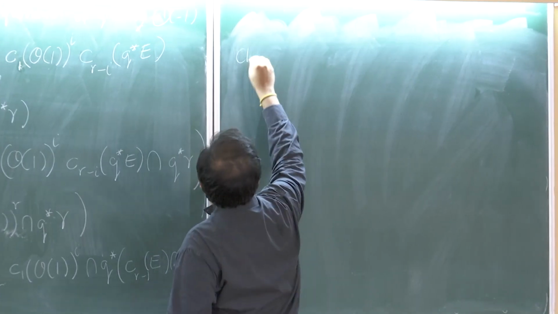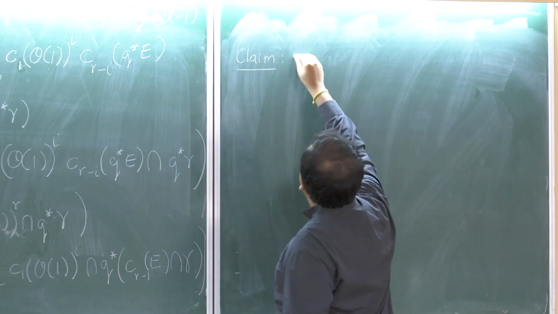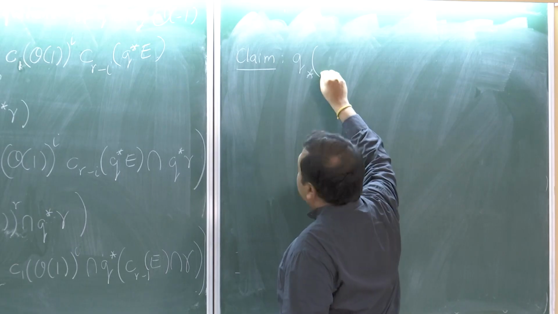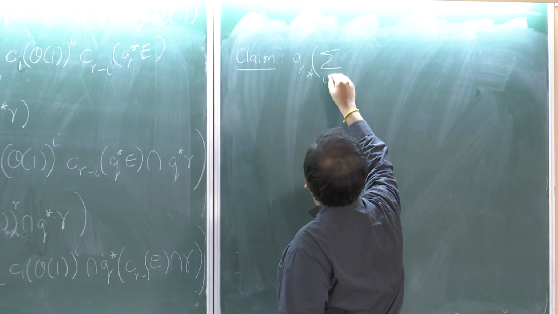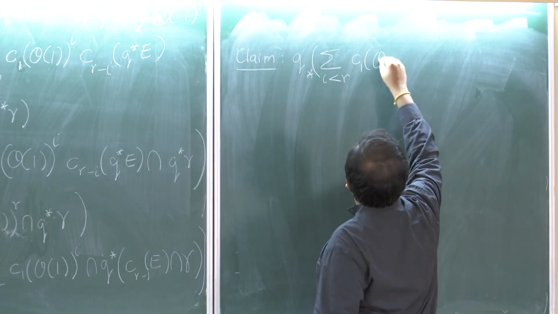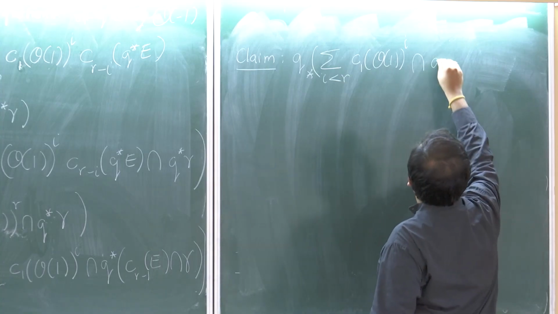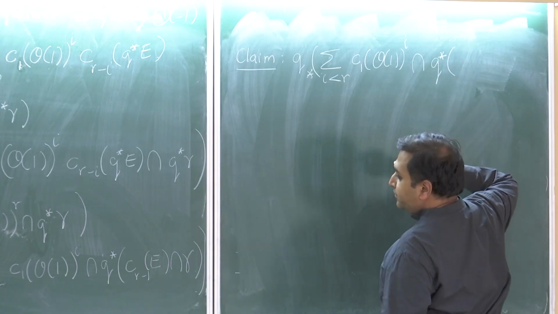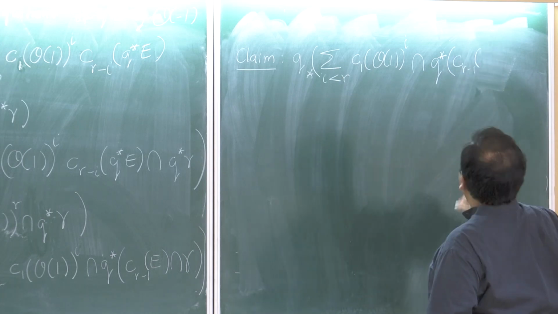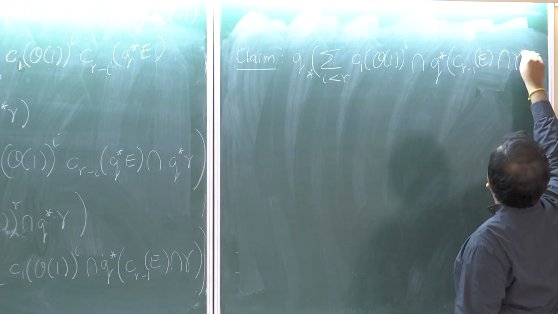So the claim is that Q lower star of the sum over I strictly less than R of C1 of O1 to the power I, capped with Q upper star of CR minus 1 of E capped with gamma, vanishes.